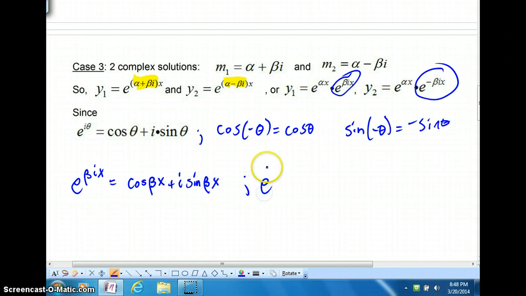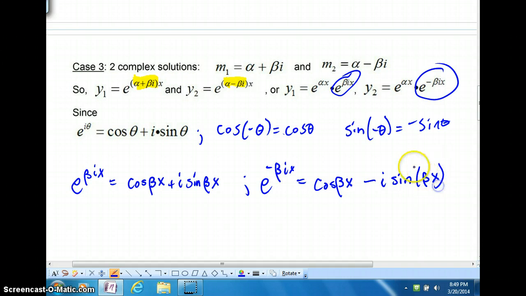Similarly, e to the opposite beta ix would equal, now remember the cosine of an opposite beta is going to be the same thing as just the cosine of it, so we'd get the cosine of beta x. However, the sine of an opposite angle, that negative is going to come out. So that's why we reviewed that other part. So here we have e to the beta ix and e to the opposite beta ix.